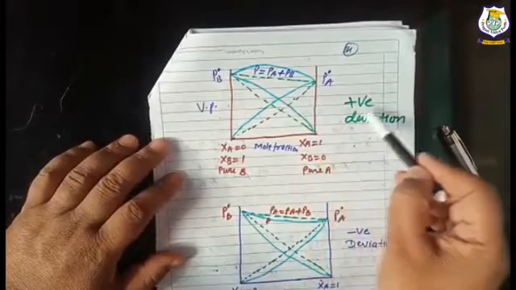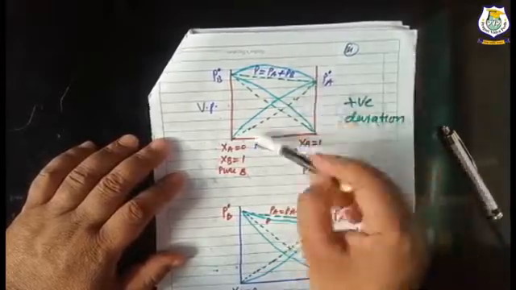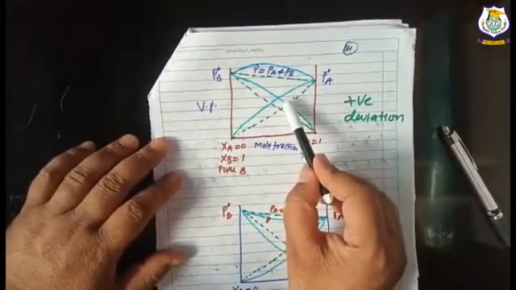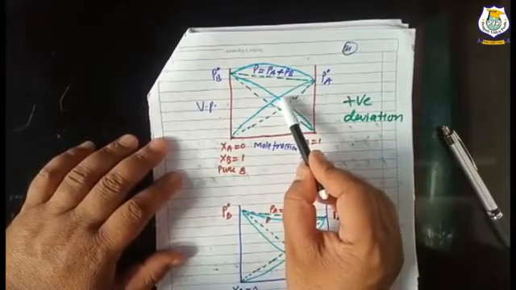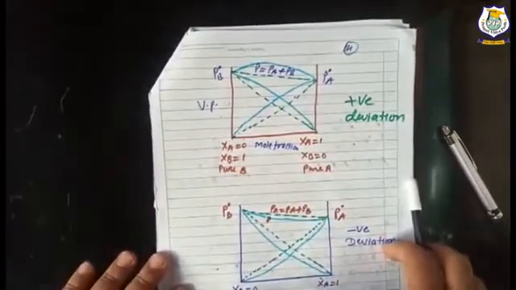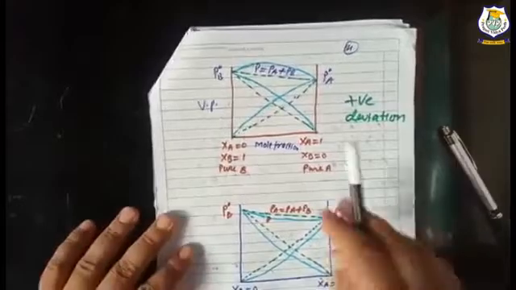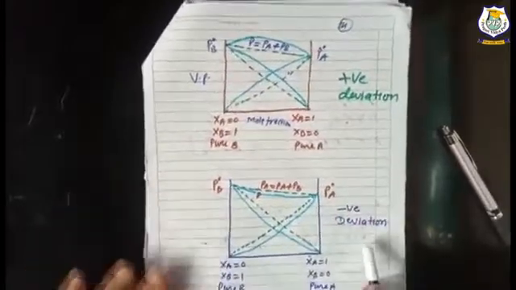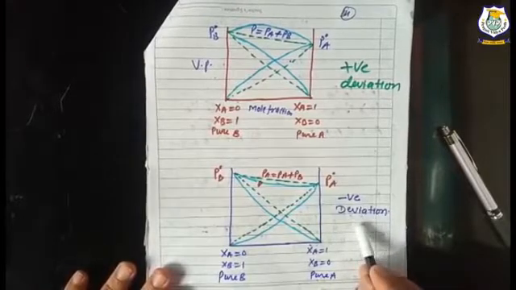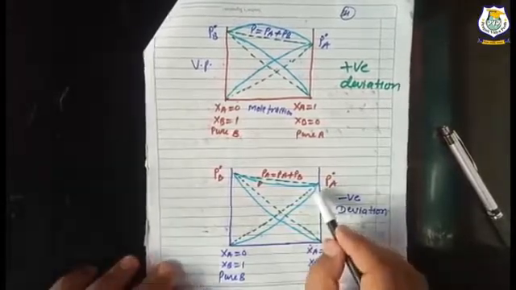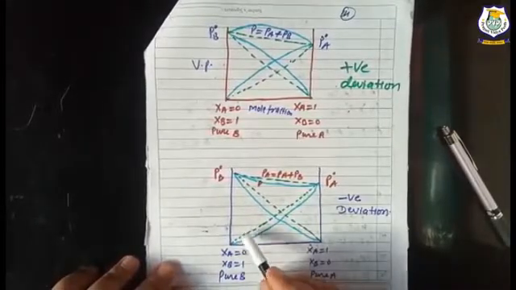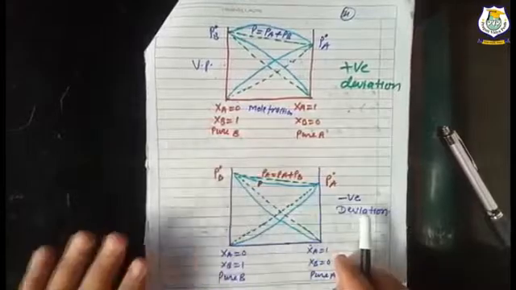So, in case of positive deviation, this graph is plotted because the solid line is formed above the dotted line, which shows the greater vapor pressure. Similarly, in case of the negative deviation, the solid line is drawn below the dotted line, which shows the low vapor pressure.